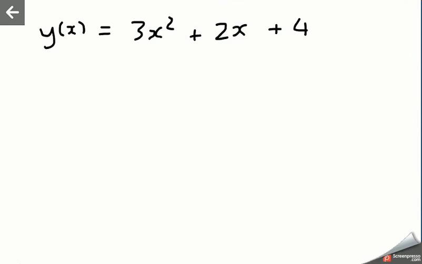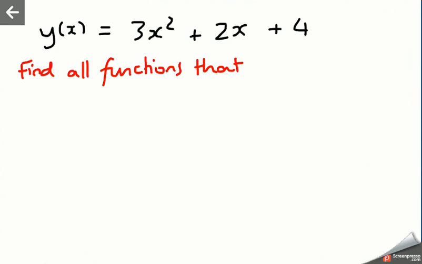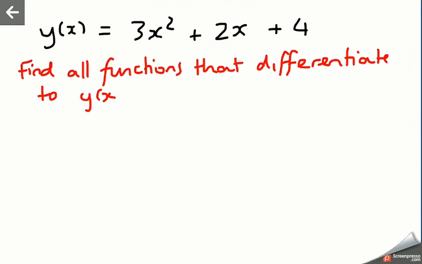In other words, I want to find all the functions that differentiate with respect to x to give me y of x. Well, I can see one of them just from observation, kind of.